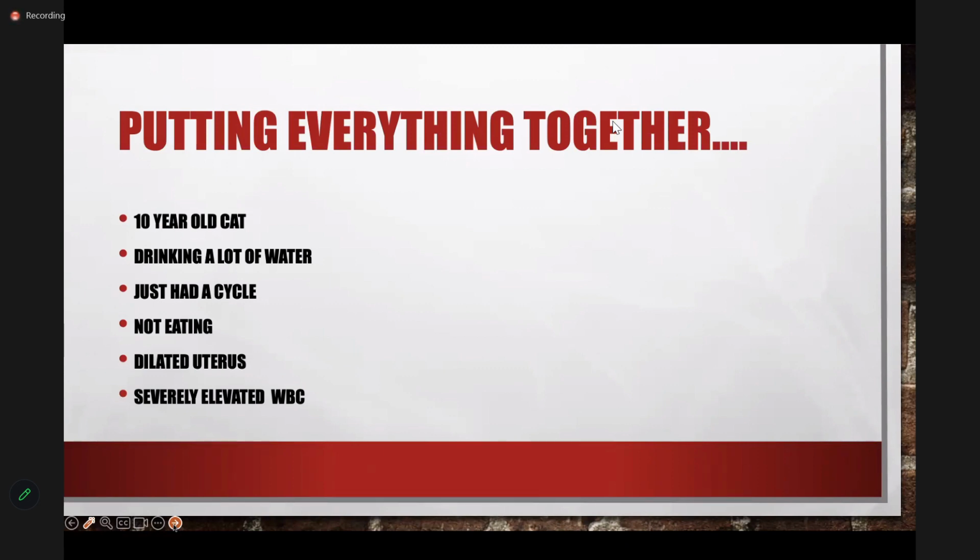Bloody diarrhea can be caused by Addison's disease, which is a metabolic disease. It can be caused by constipation, and by intussusception. So there's a lot of causes of bloody diarrhea.